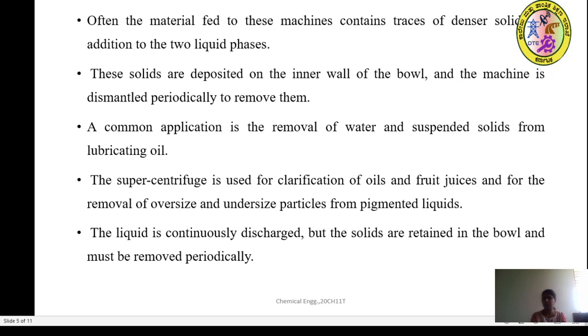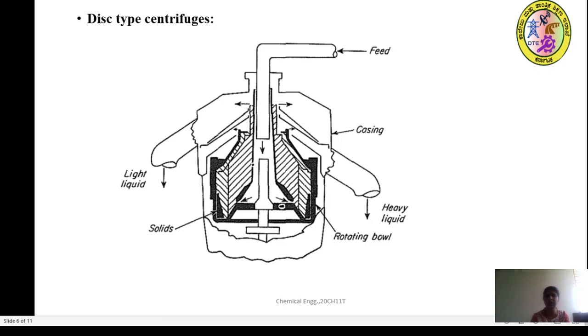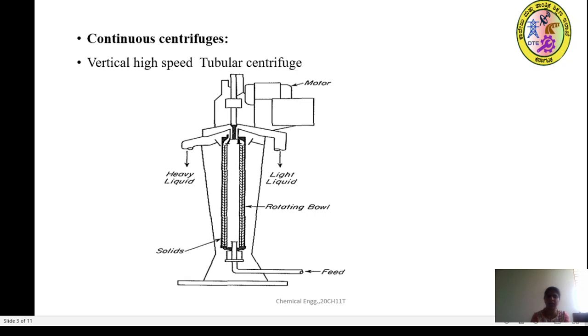So the liquid is continuously discharged, but the solids are retained in the bowl and must be removed periodically. According to the two phases, the liquids are discharged here. By the rotation, the solids are deposited on the inner wall of the bowl, and they are removed periodically by dismantling the parts.